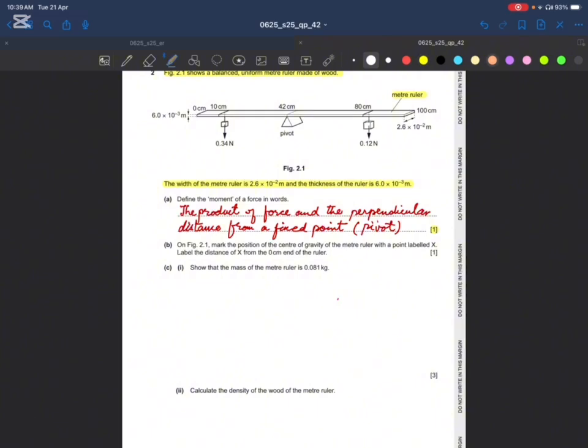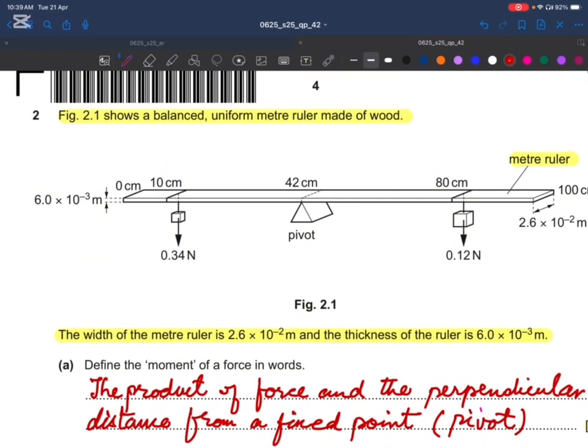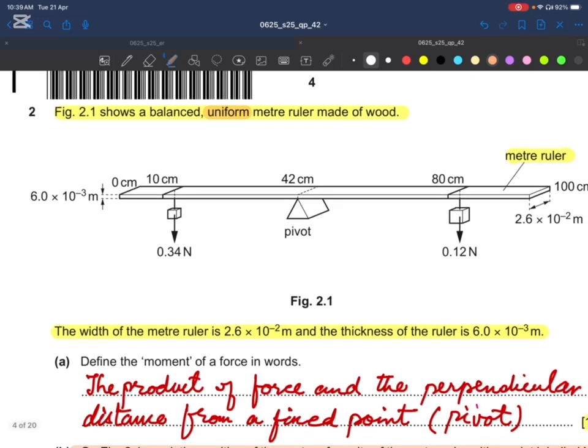Now part B. On figure 2.1, mark the position of the center of gravity of the meter ruler with a point labeled X. Label the distance of X from the 0 centimeter end of the ruler. So what you have to do is mention the point, and you must remember that we are talking about a ruler which is uniform. This is a very important term over here, uniform meter ruler. Whenever you have any object which is uniform in shape, its center of gravity will be at the center of the structure.